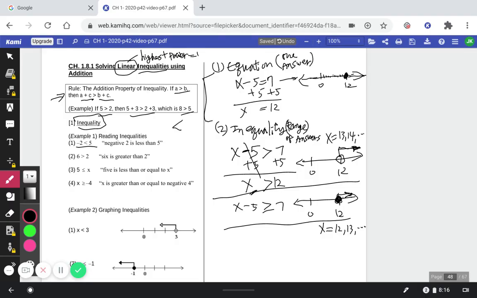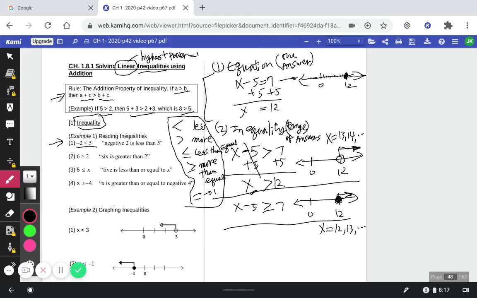This symbol gives you less than, and this gives you more than, and this is less than or equal, and this gives you more than or equal. So instead of two lines, you use only one line in this inequality.